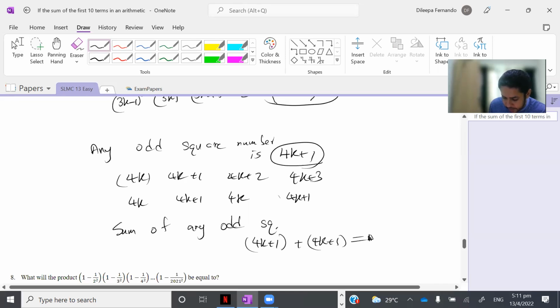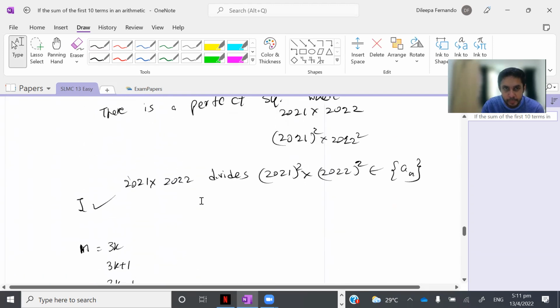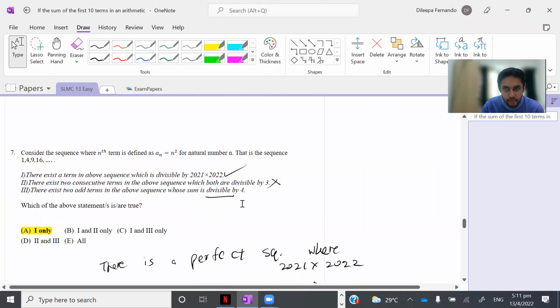That is like 2 mod 4, in other words, like 4k plus 2. So that means it becomes 4k plus 2. So 4k plus 2 is not divisible by 4. That means there's a remainder of 2 when you divide by 4.